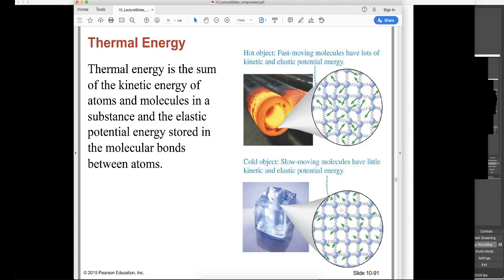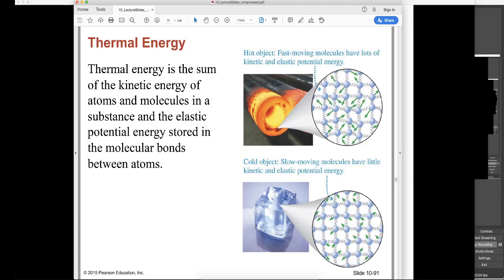In another way, if we look at the kinetic energy of molecules, for example in ice, okay, it's not in the slides, so I cannot convert it into a pen, but at least you can see my cursor.